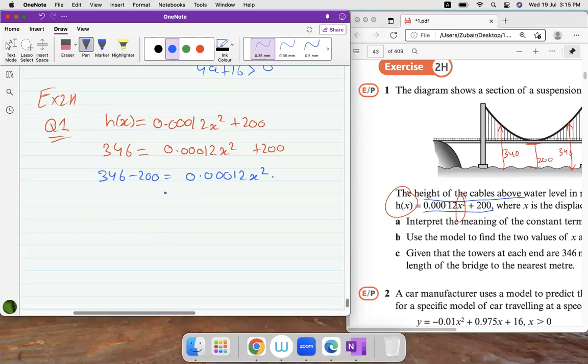So 346 minus 200 is 146, divided by 0.00012 equals x square.